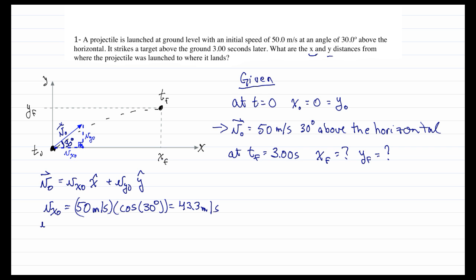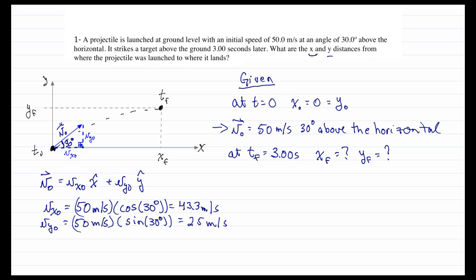Similarly, we can find Vy0. It's 50 meters per second times sine of 30 degrees, and that's equal to 25 meters per second. Okay, so those are our initial velocities in the x and y direction.